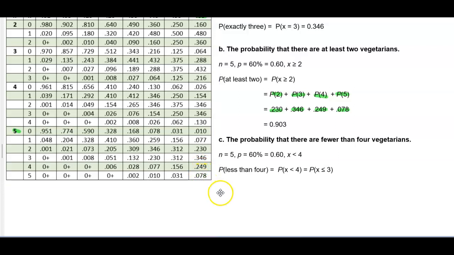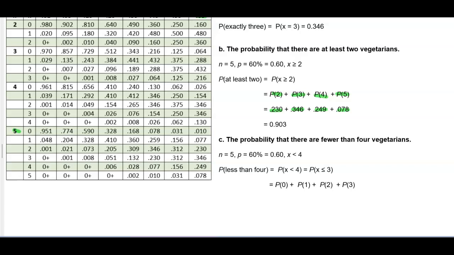Okay. So recall that the probability of x being less than or equal to 3 is going to be the probability of 3 plus the probability of 2 plus the probability of 1 plus the probability of 0. So let's use a different color there. Again, we're still using n is equal to 5. We're still using the last column because that's 0.60.